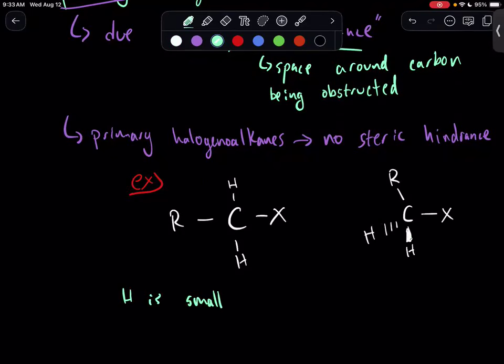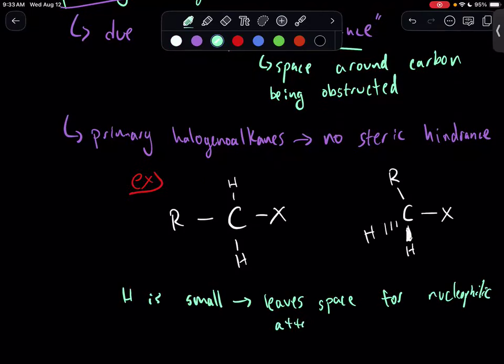And because the hydrogen is small, it leaves space for nucleophilic attack. You can see this glaring open space right here in the back of carbon where there's nothing really getting in the way closer to the hydrogens. And it's just open for this to be attacked by a nucleophile. So there is what we call no steric hindrance.